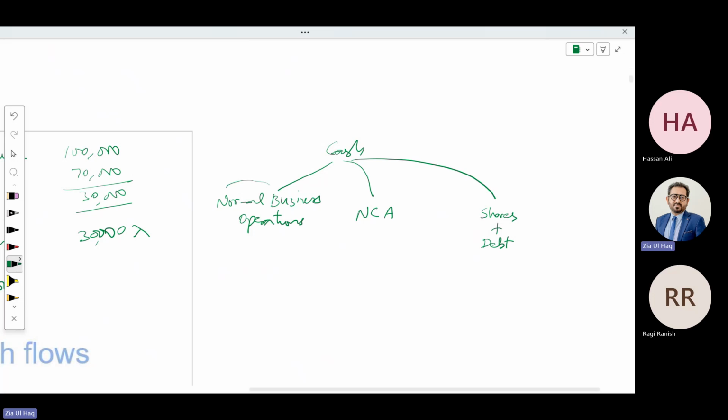The activities relating to normal business operations will be called operating activities. The activities relating to buying and selling of non-current assets will be called investing activities.